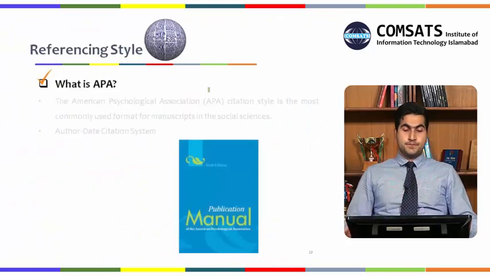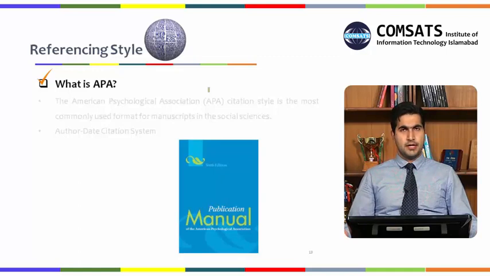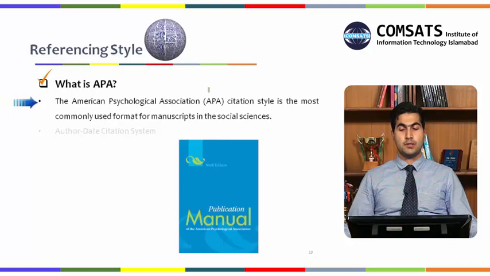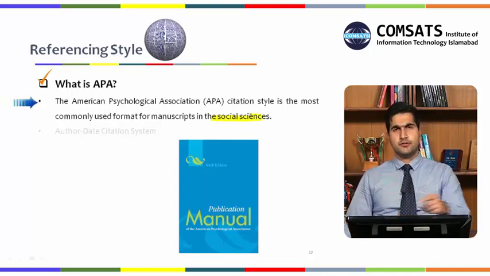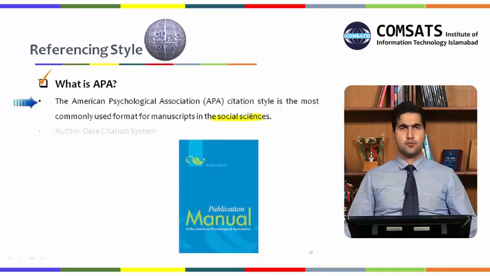Well, if we move ahead, this is the one which is applied in your case as well, and I want you to be very careful within the discussion of the APA referencing style, the American Psychological Association style, which is basically applied in social sciences and other domains as well.